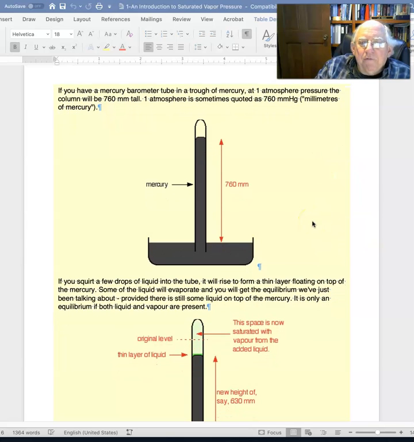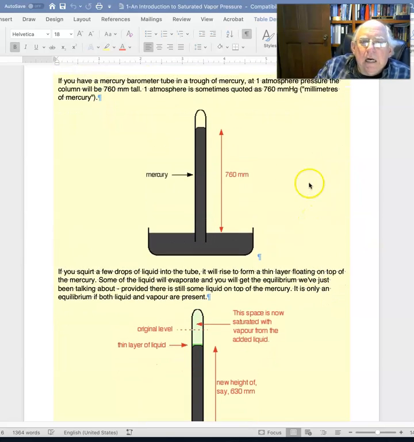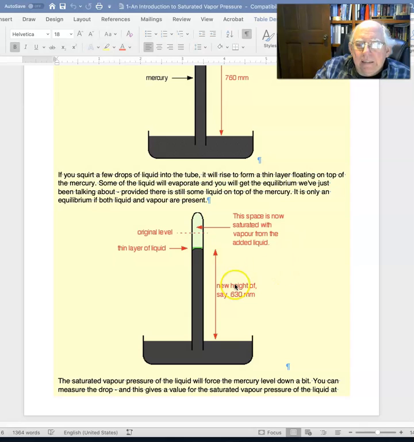If one was to take a tube, fill it up with mercury, turn it around and very quickly bring it into a pool of mercury, the mercury would fall under the presence of gravity.